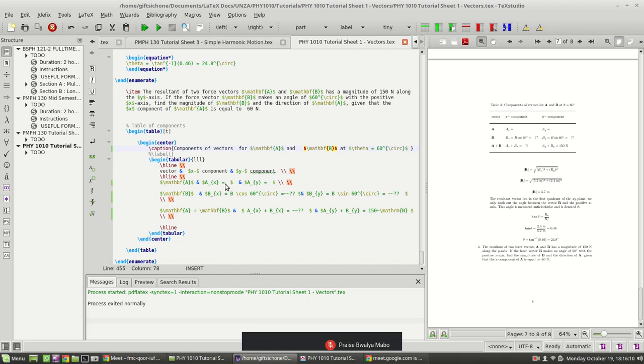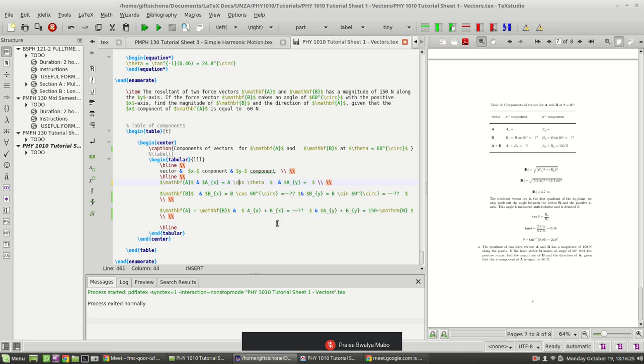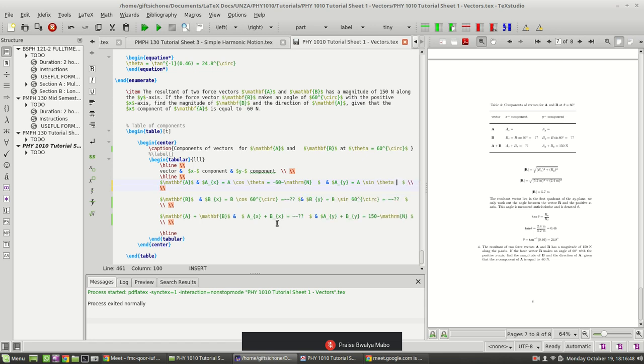So the x component of A, whatever it is, will be A cos theta, which is minus 60. The other one is A sine theta, which is again unknown.